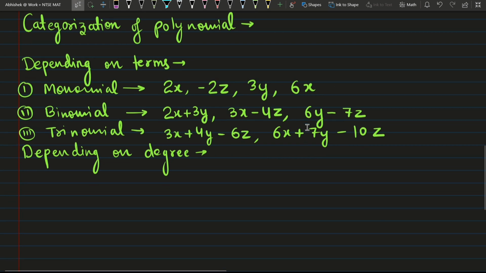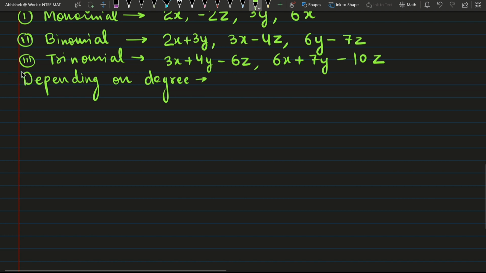Now let's discuss depending on the degree. First one is when the degree is 0. That kind of polynomial is a constant polynomial.